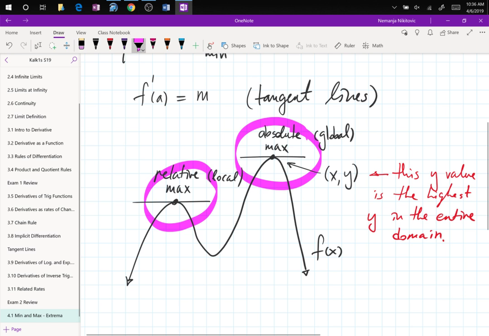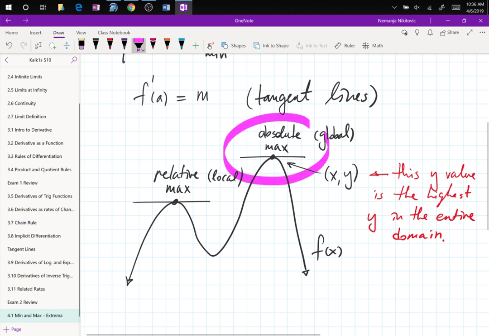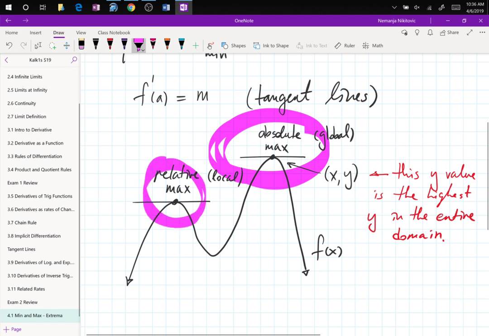The mayor is a boss in a town, right? But the governor is the bigger boss. So both of these values are max values, except this is the absolutely highest y point on the entire function, and this one is the highest y point in the neighborhood.